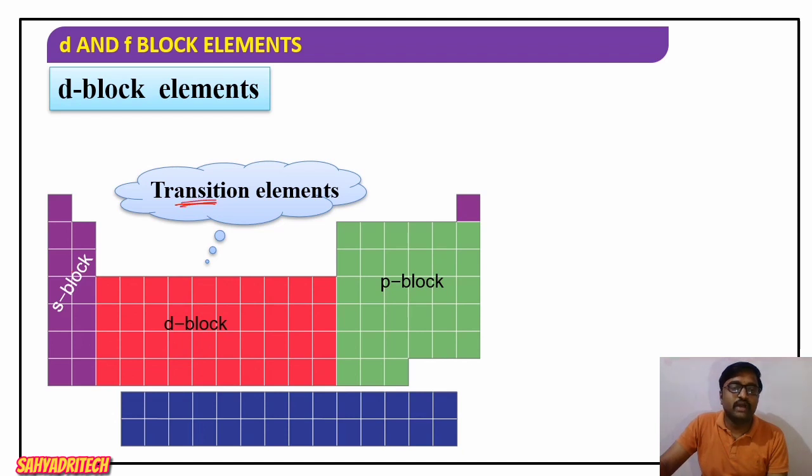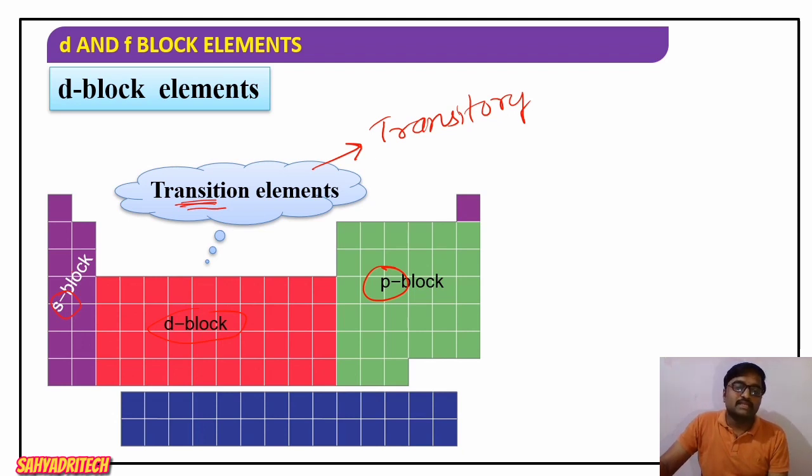Why are we calling them transition elements? When you compare the properties of D block elements with the S block and P block, the properties of D block elements are transitory as compared to the electropositive nature of S block elements and the electronegative nature of P block elements.